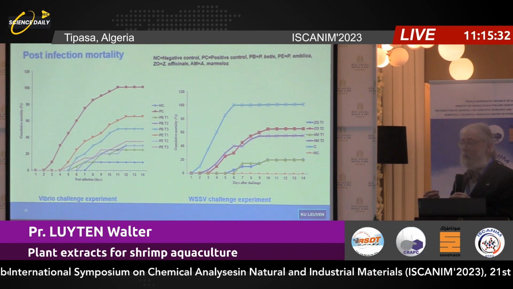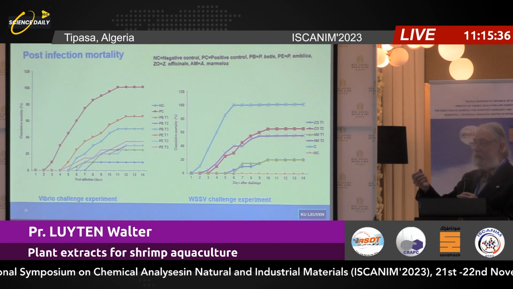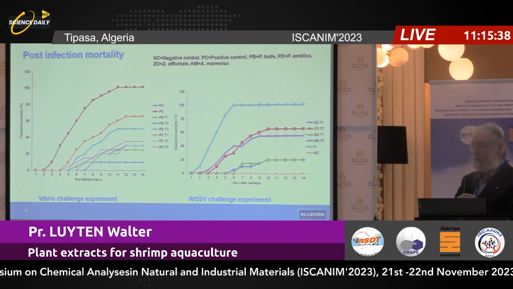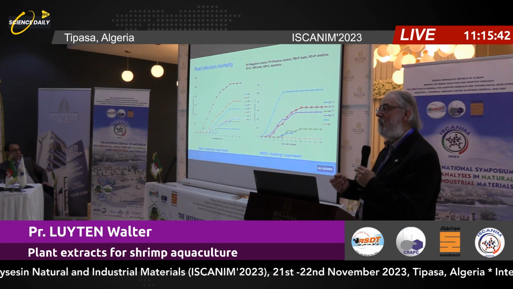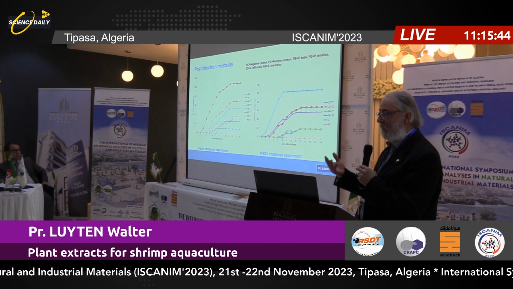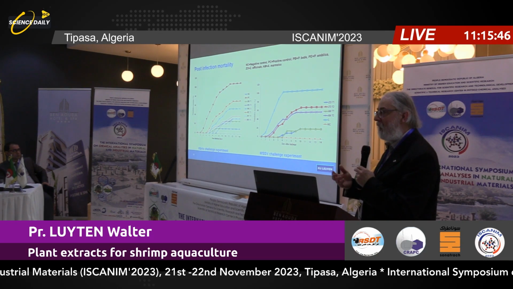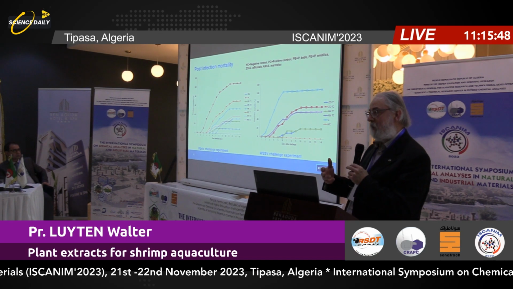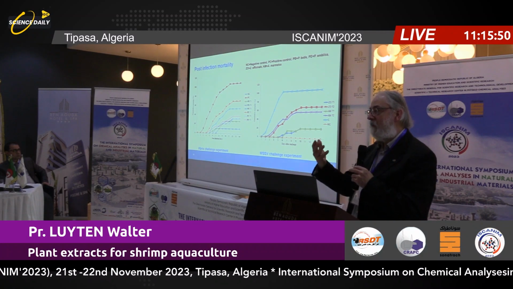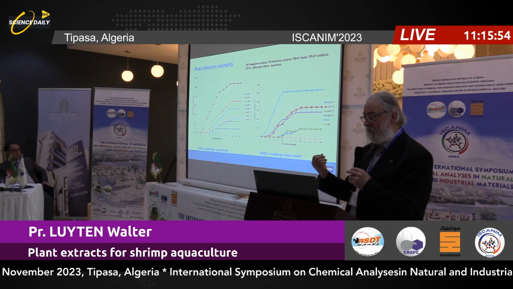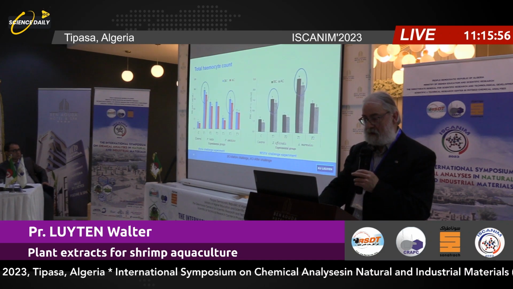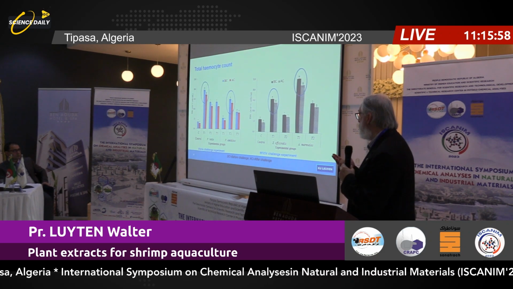So it's probably not only a direct effect on the bacteria, which we have demonstrated and which is there, but it's probably also a general effect on the immune system of the shrimp. Their immune system is probably stimulated, and that makes them more resistant, not just against bacterial infections, but also against viral infections. And we have some evidence to support that.